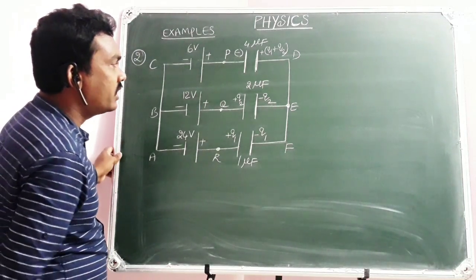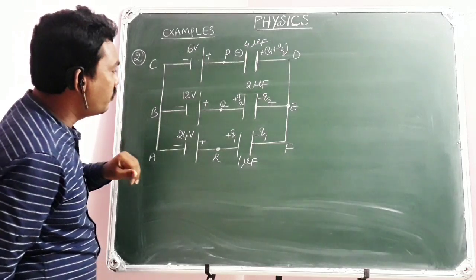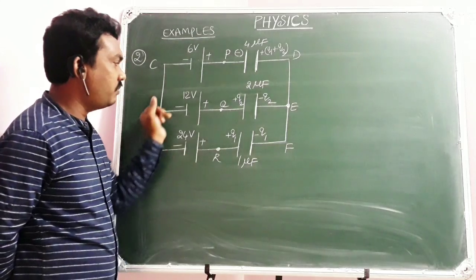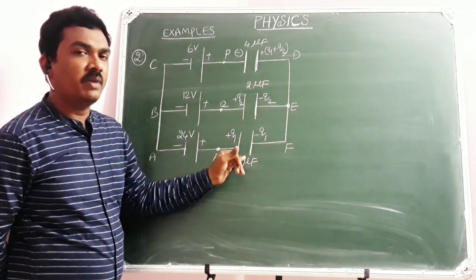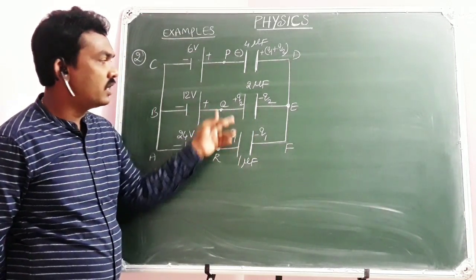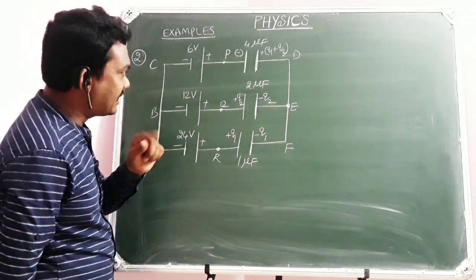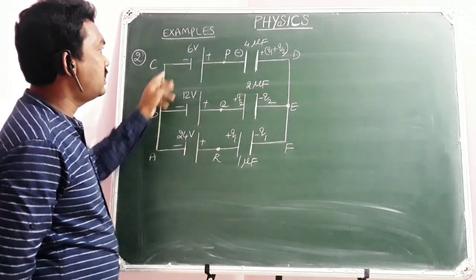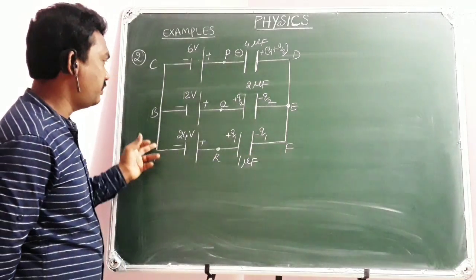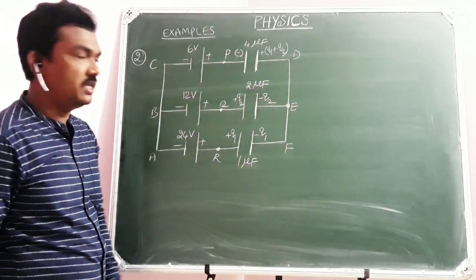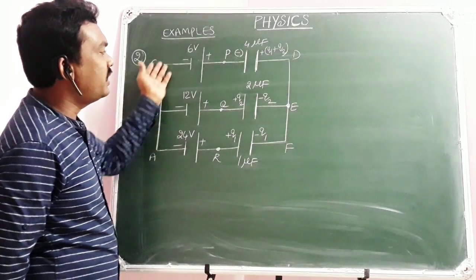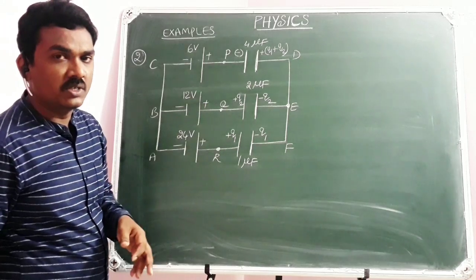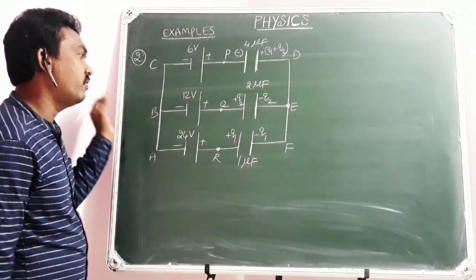First of all, I consider one loop which is A, B, E, F, A, so that I come across a mathematical equation between Q1 and Q2. Next, let me take A, B, C, D, E, F, or else B, C, D, E, F, where you come across mathematical equations in between Q1 and Q2, however you take.